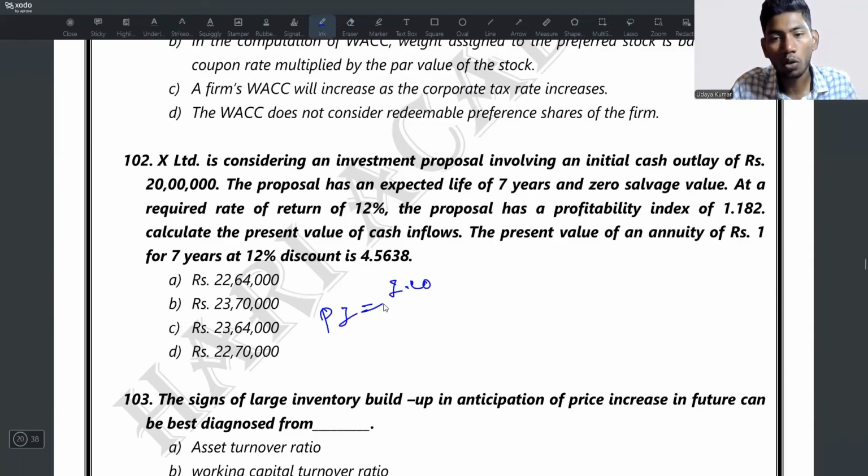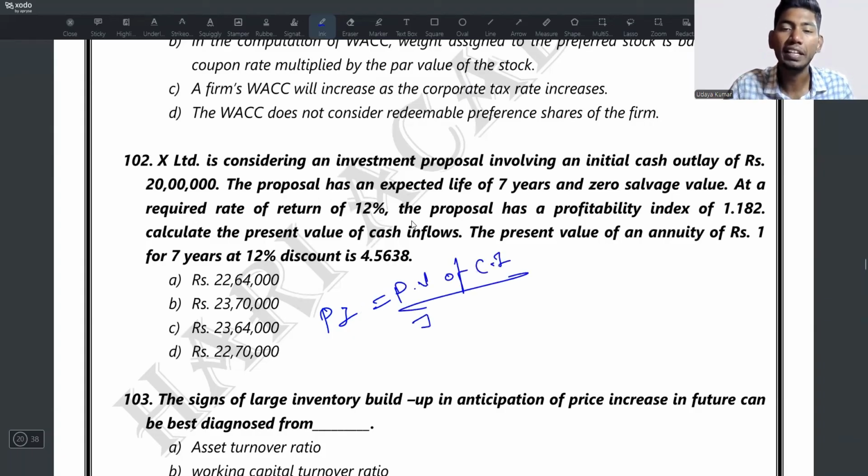So PI is equal to present value of cash inflow divided by initial investment. Sorry, once again, present value of cash inflow divided by initial investment. Clear? So the profitability index, which is 1.182, is equal to present value of cash inflows. So you have to find out, right? So let the value be X. Initial investment 20 lakhs.